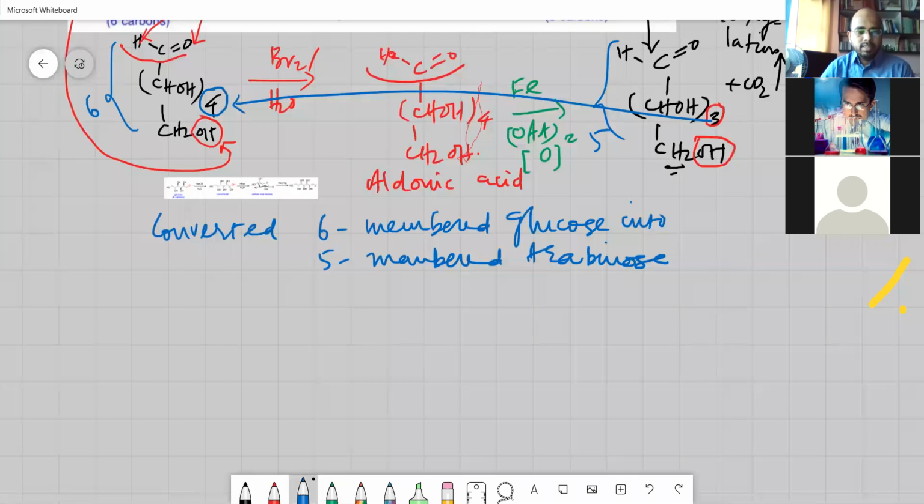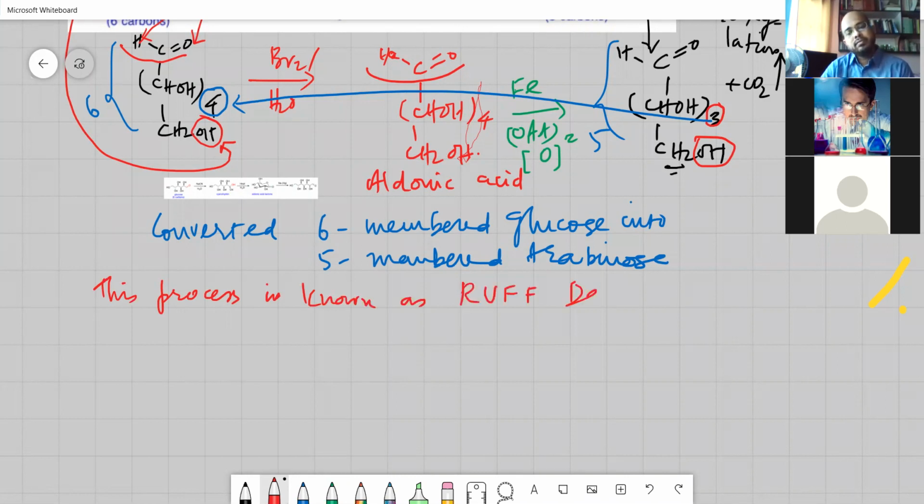This process is known as Ruff degradation.